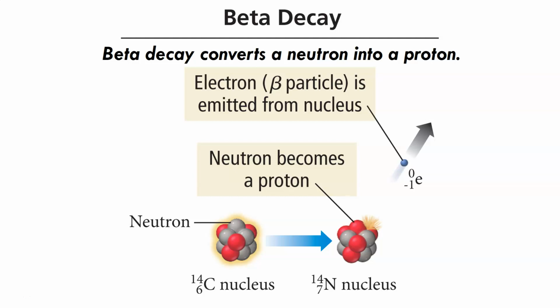And that helps because that increases the number of protons present. And so that fixes that ratio of protons to neutrons a little bit. The beta particle is not going to stay inside the nucleus. The proton stays, but the beta particle is released. That comes flying out at us. That's the radiation that we see.